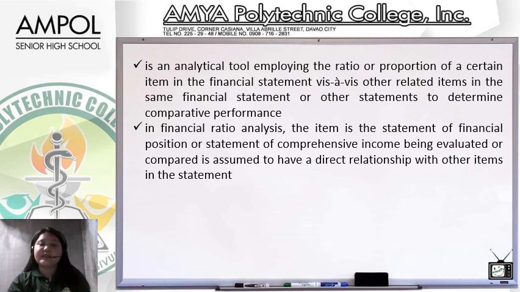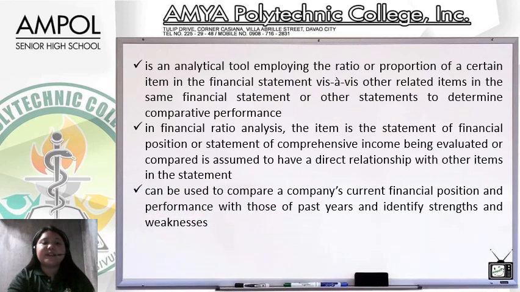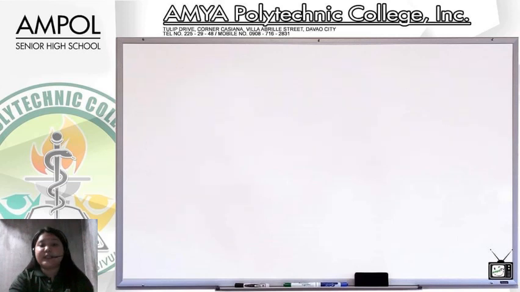The item in the statement of financial position or statement of comprehensive income being evaluated or compared is assumed to have a direct relationship with other items in the statement. Next, it can be used to compare a company's current financial position and performance with those of past years and identify strengths and weaknesses.